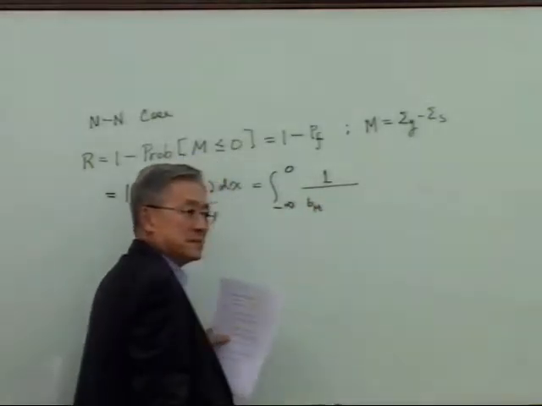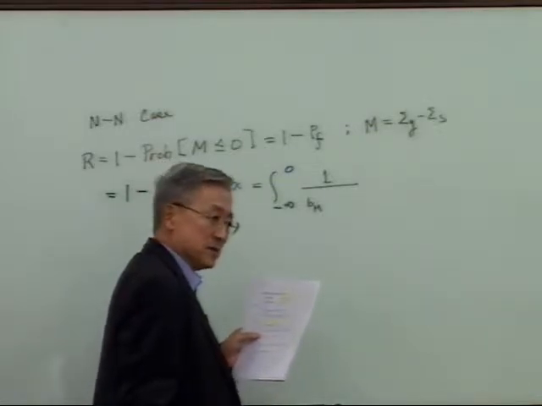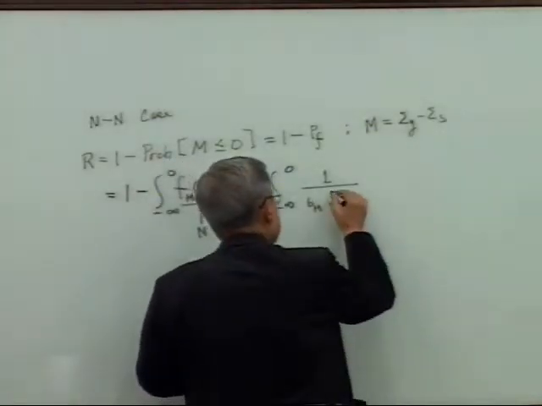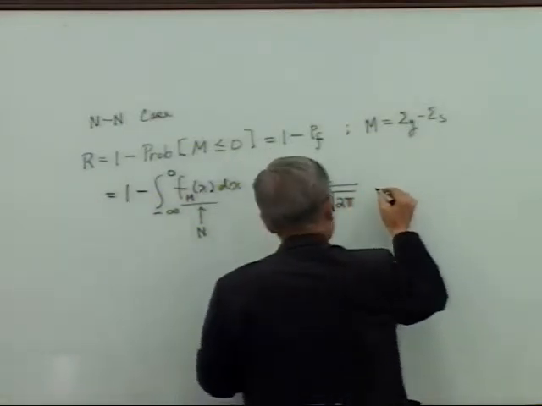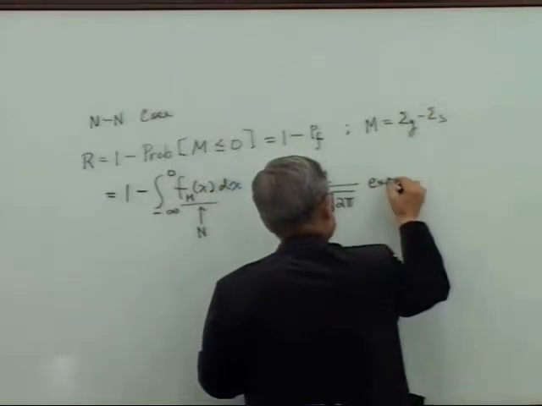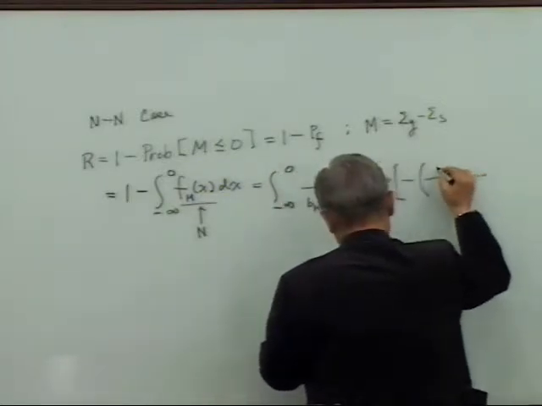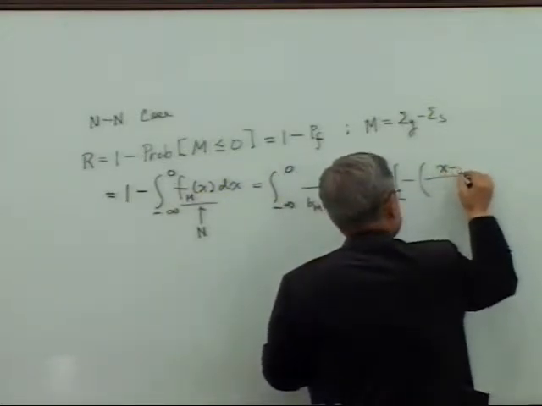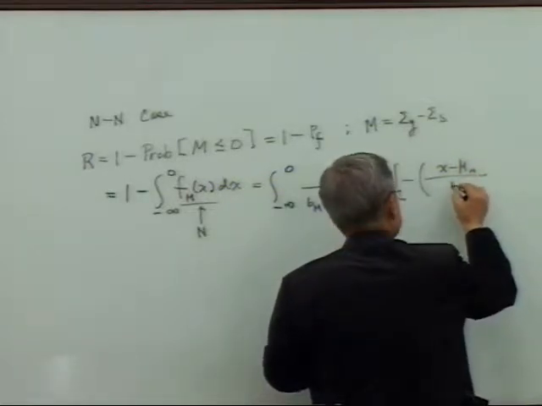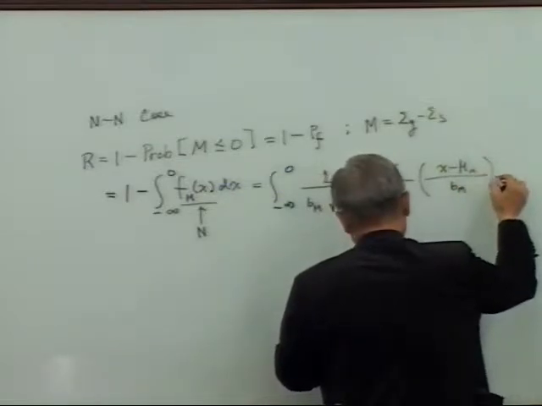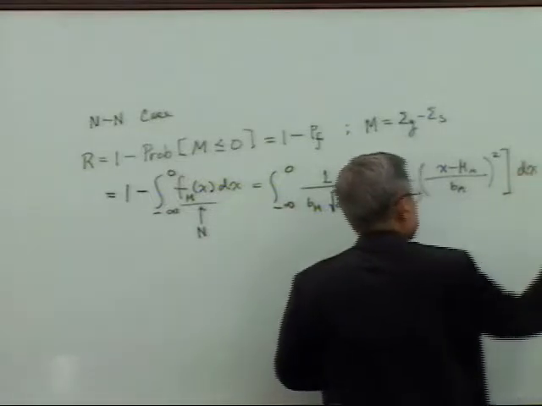What's the sigma_M? The standard deviation of the safety margin. 1 over sigma_M square root of 2 pi, and the exponential function of minus (x minus mu_M) over sigma_M, squared, dx.